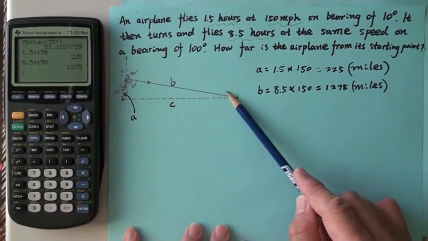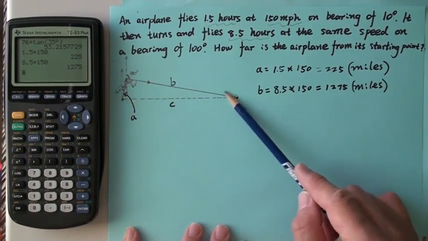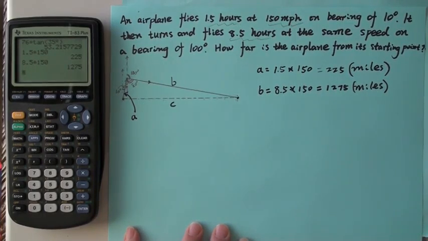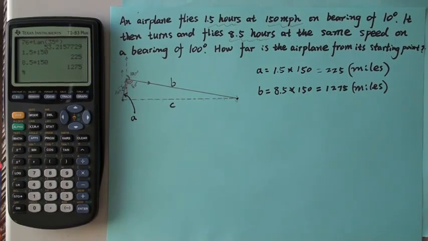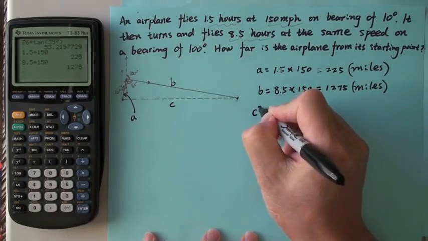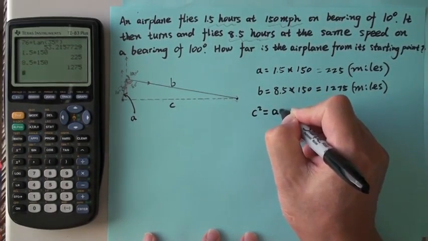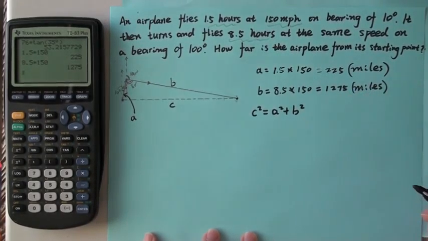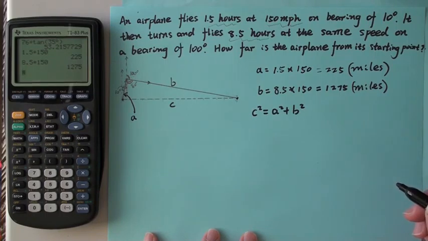It will make this triangle a right triangle. Since this is a right triangle, things come to be easy. Then c squared is a squared plus b squared, by the Pythagorean theorem.